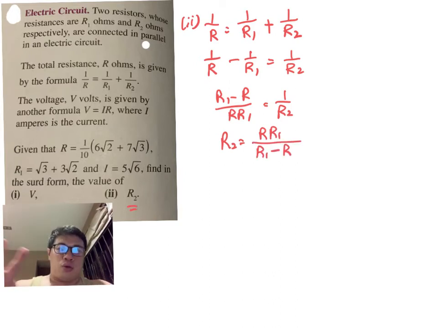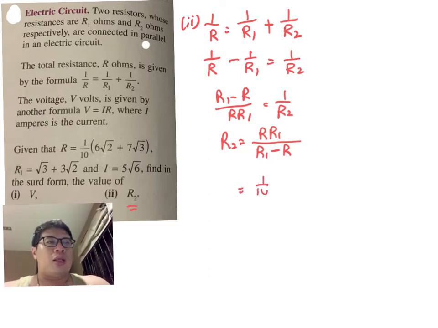If you do this, then you don't have to worry too much about dividing surds. With that, we'll go about subbing our terms in. R is 1 over 10 times 6 square root 2 plus 7 square root 3.